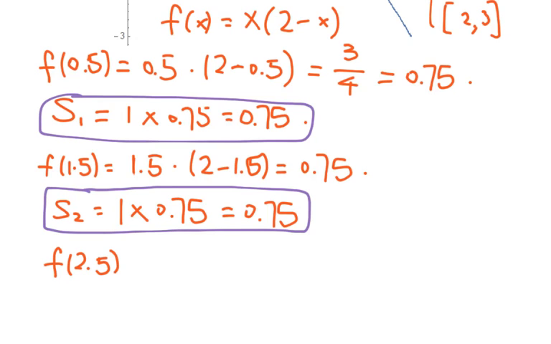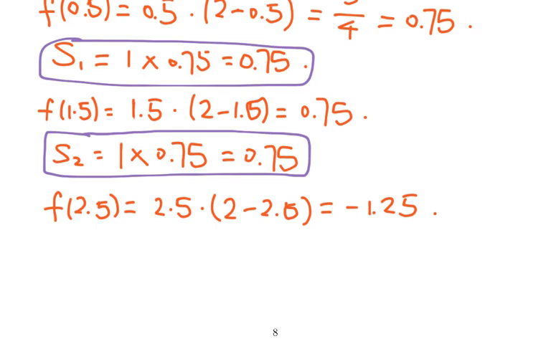If we do the algebra, this is negative 1.25, and then the area of the third rectangle is equal to base 1 times the height, but here we have a negative height, negative 1.25, so the area of the third rectangle is negative 1.25.